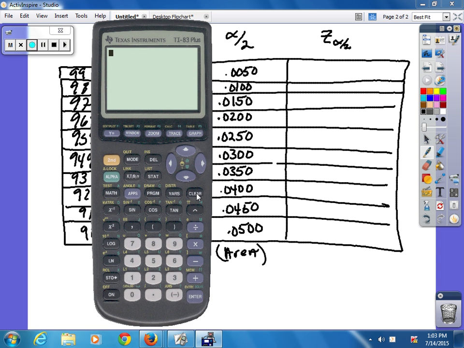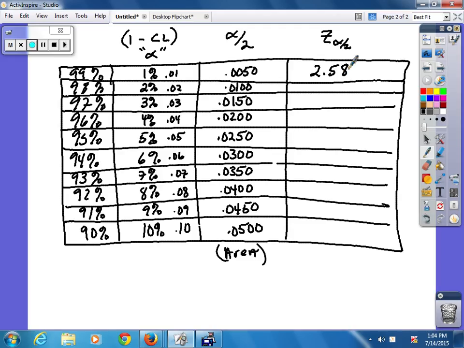Alright, 0.0050. Negative 2.56. Is that what y'all got? Let me check it. 2.58, sorry. Now, I'm not putting the negative. Don't have to, because in these calculations they're positive, and it says that somewhere in the book.